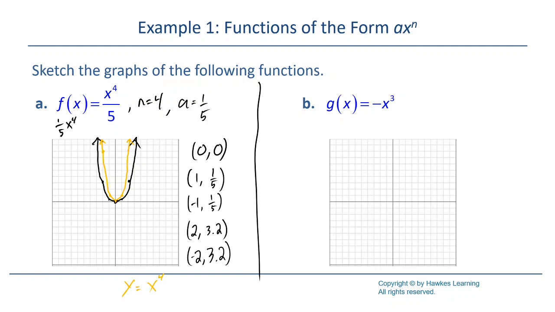Now, if you multiply by a number between 0 and 1, that's actually going to widen the graph. If you multiply by a number greater than 1, that's going to shrink the graph. So, yeah, where do I want to make that note?